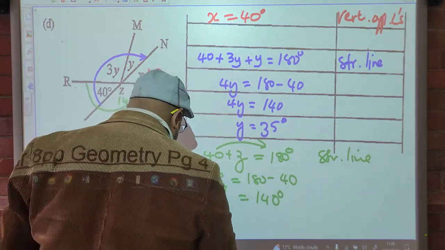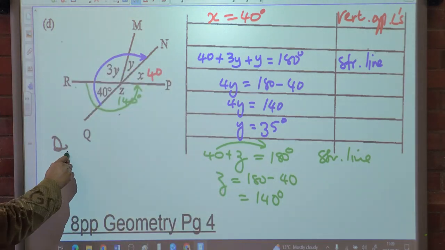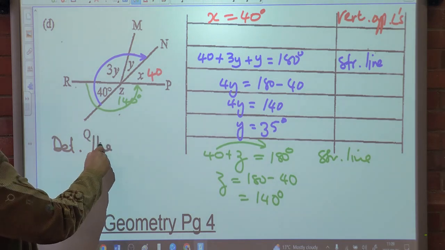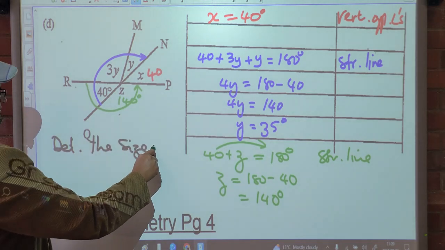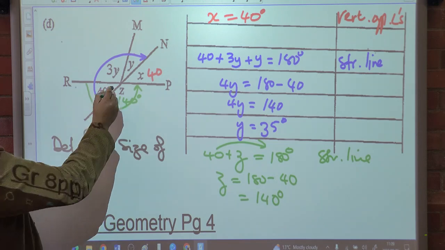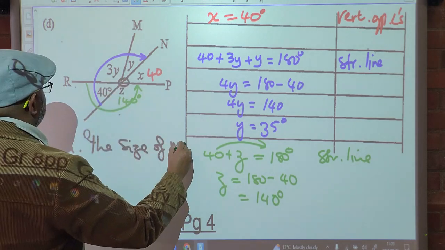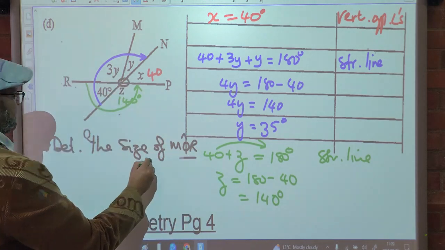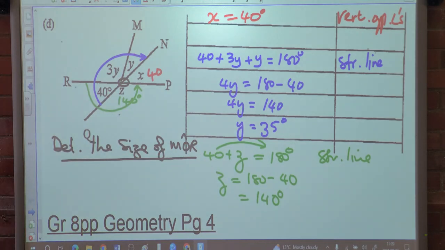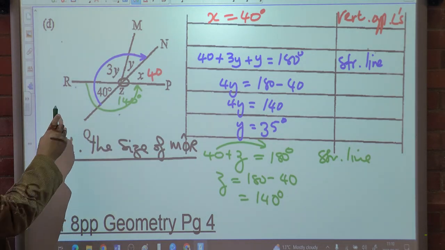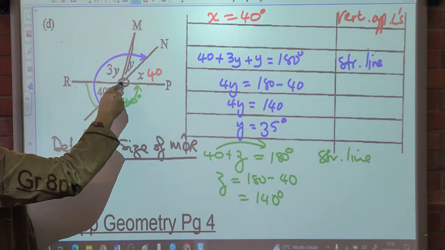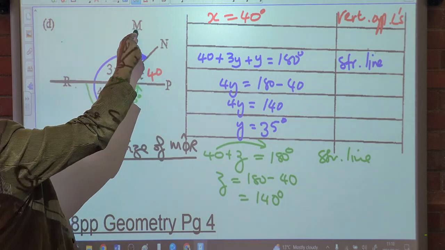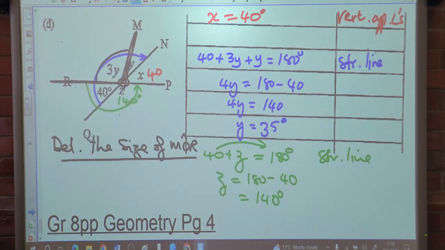What if the question was: determine the size of angle MOR? So where is MOR? MOR is 3y.